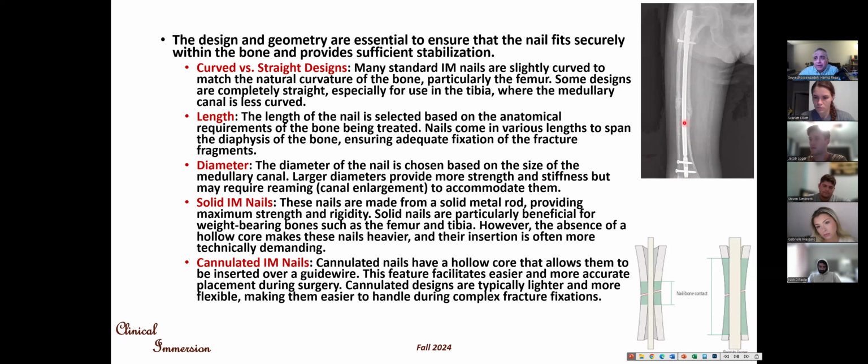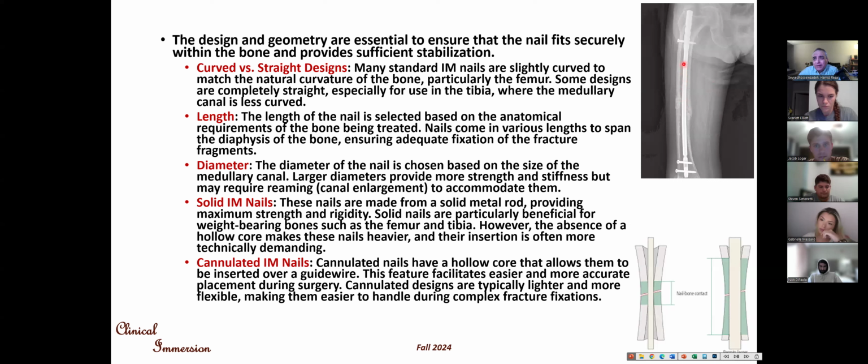The diameter of them is also variable. Some of them are very thick, some of them have smaller diameters. Why do we need different diameters? Because the diameter of the intramedullary canal is different in different people, and when we insert a nail, we need to fill the medullary canal.